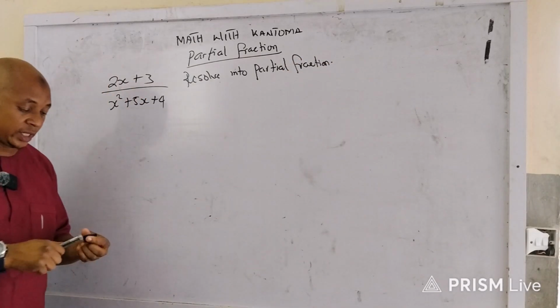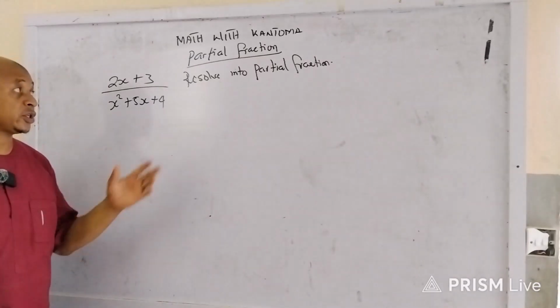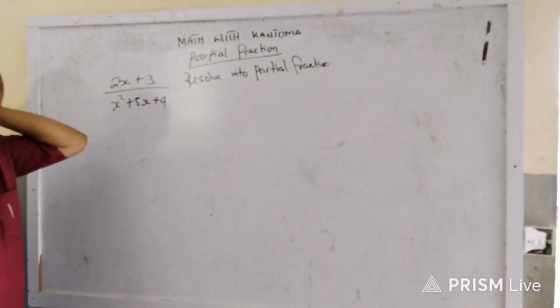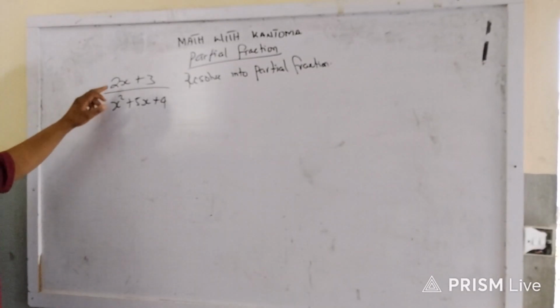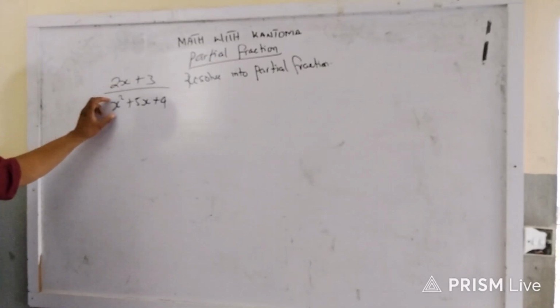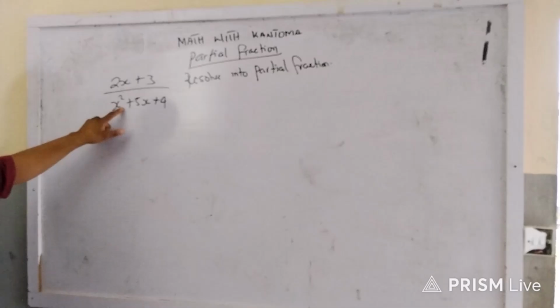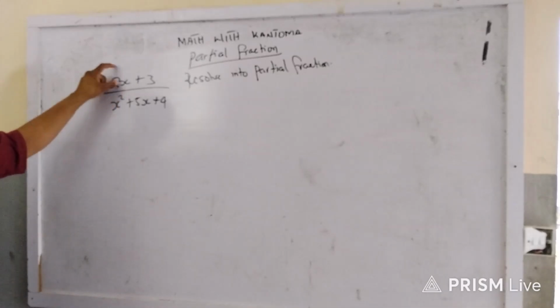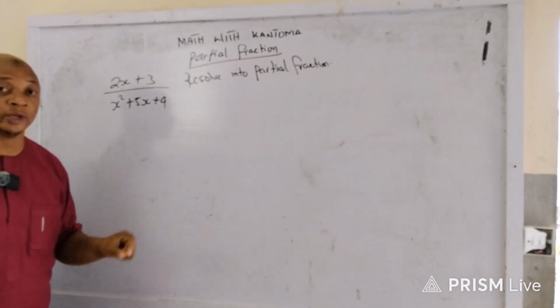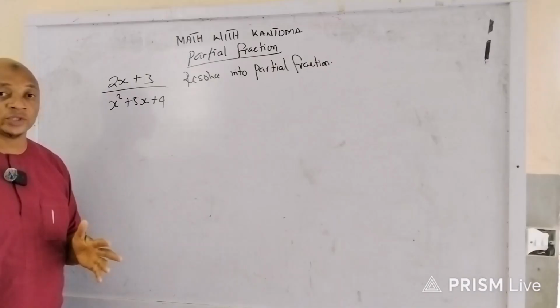Remember the rules we stated. The first rule says the numerator must be of lower degree than the denominator. The power of the numerator is 1 and the power of the denominator is 2. Therefore, the numerator is of lower degree than the denominator, so it satisfies the first rule.